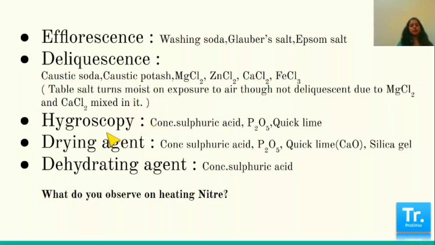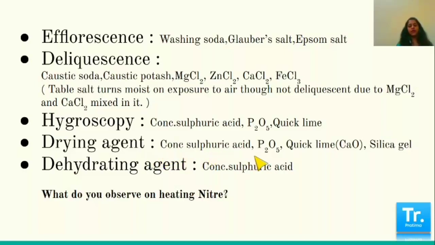Next, hygroscopy. This substance also, when exposed to air, will absorb moisture, but it will not change into a saturated solution. The examples are concentrated sulfuric acid, phosphorus pentoxide, and quicklime. The next is drying agent. Some substances are used to remove the water from a substance without any chemical change.